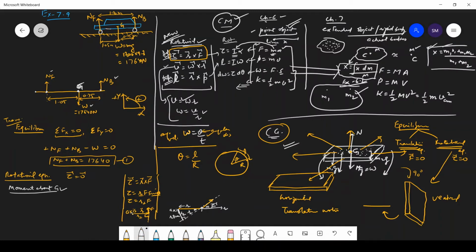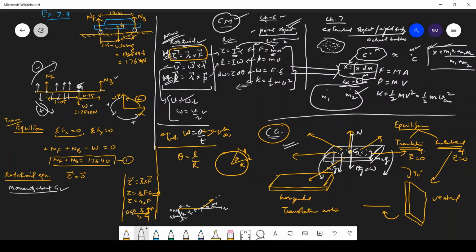This is what you need to write: moments about G. Let us go one by one, starting with NF. If I have the axis of rotation here and I apply a force over here, it will rotate upward, and if the force is downward over here, it will rotate downward. This is the direction of rotation. So this direction is positive, and opposed to that, this direction is negative.